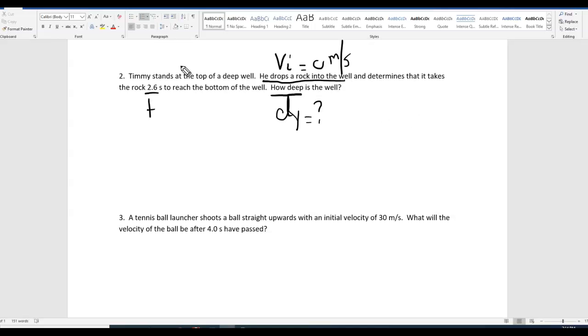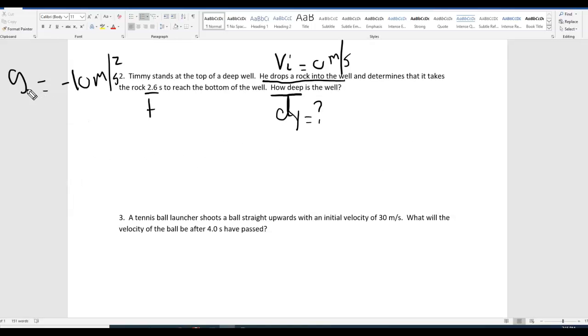Now, remember, in a free fall problem, when an object is falling under the effects of only gravity, the acceleration, g, little g, due to gravity, that we use on Earth is negative 10 meters per second squared. Now, if you go to different planets, it would be different. For example, on Jupiter, it'd be like negative 16. Gravity is stronger on Jupiter. On the Moon, it would be like negative 1.6 or something like that. There's not a lot of gravity on the Moon. Okay, but on Earth we use g equals negative 10 meters per second squared.